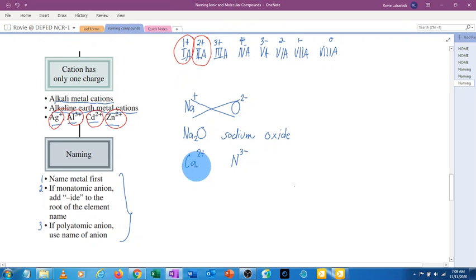Okay, since calcium can be found in group 2A, so therefore the possible charge of it is 2 positive. And for nitrogen atom, you can find this in group 5A, so therefore when it forms the ion, which is nitride ion, the possible net charge is 3 negative.